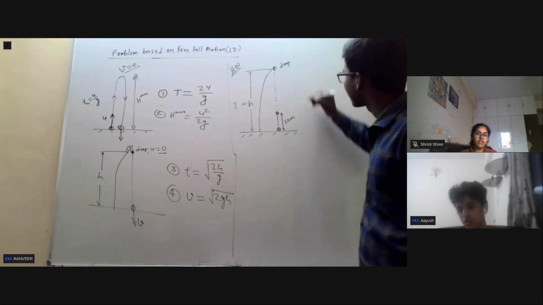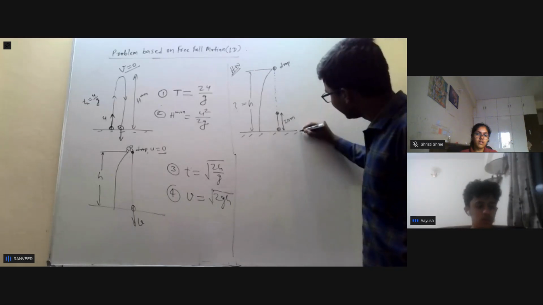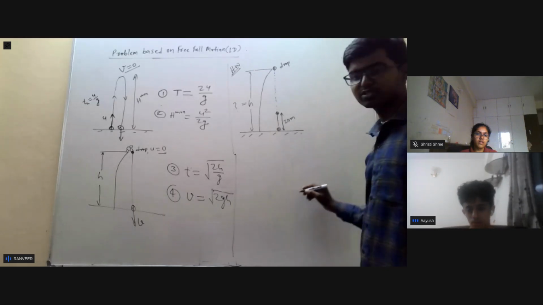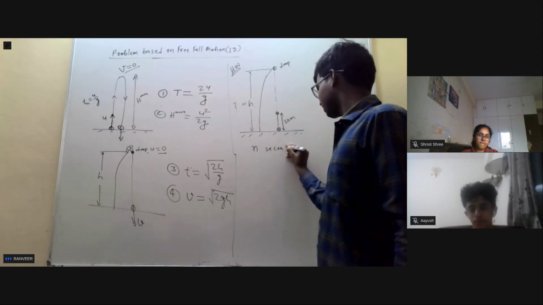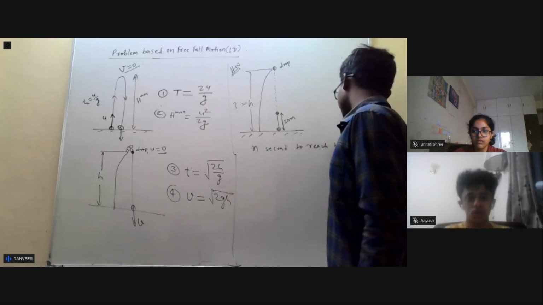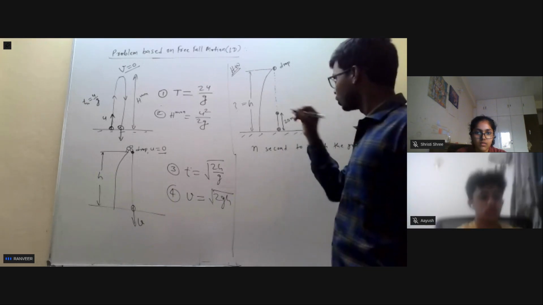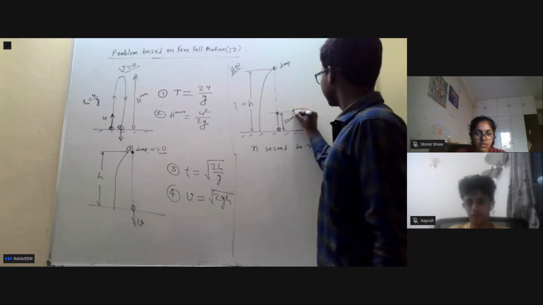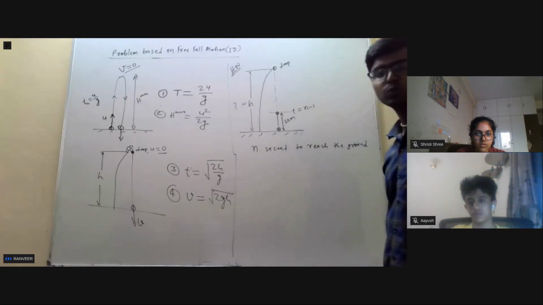Just think. For example, the ball takes n seconds to reach the ground. So what is the time here? It will be n minus 1.